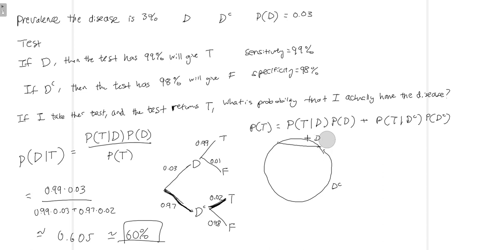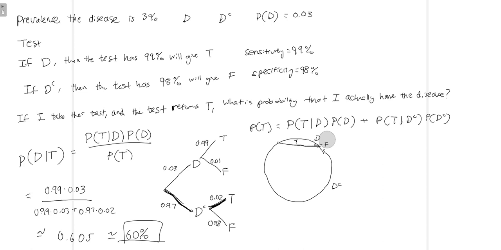Now we know that 99% of these people, if they take the test, are going to get positive. This is probably not 99%, but let's say this area is 99%, and all of these people are going to get positive. And then in this tiny 1%, they'll get false. On the other hand, for D complement, 98% will get a false.